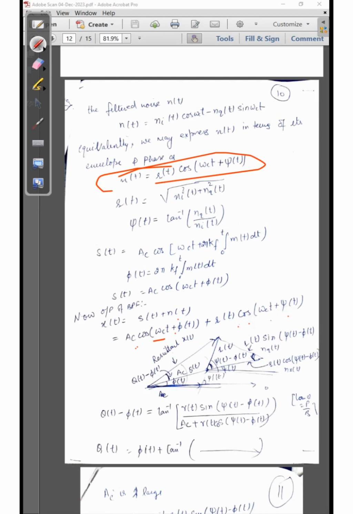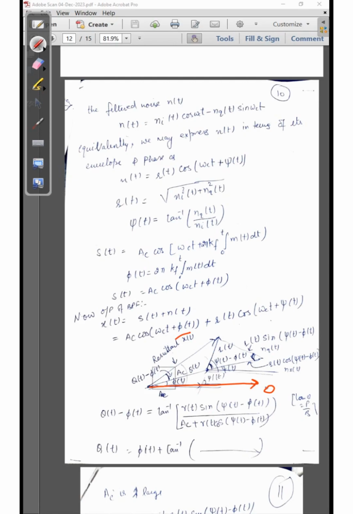Right friends, so if I have to represent this in terms of phasors, how could I represent it? Let's see. Suppose this is my zeroth reference, the zero origin reference. Now the first equation is Ac cos(omega_c t plus phi of t), so this angle is phi of t.